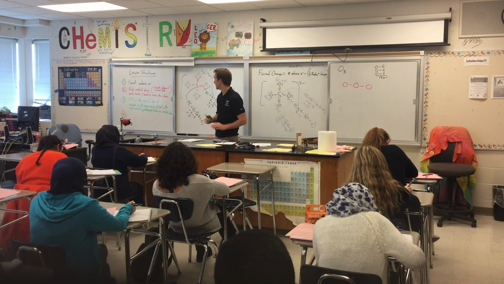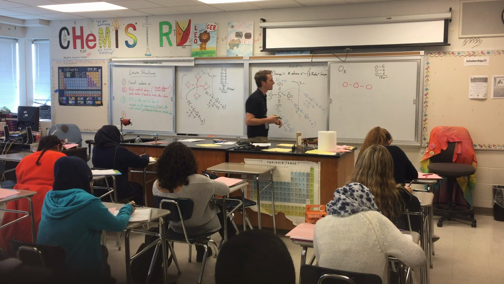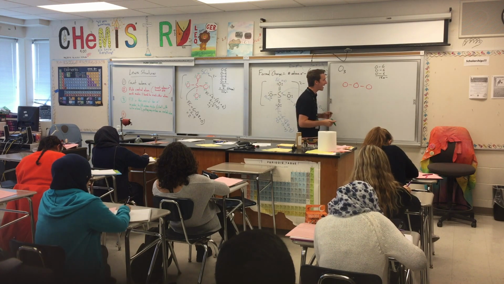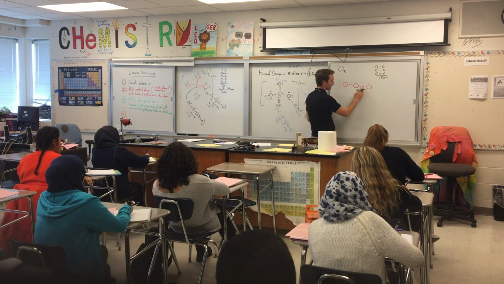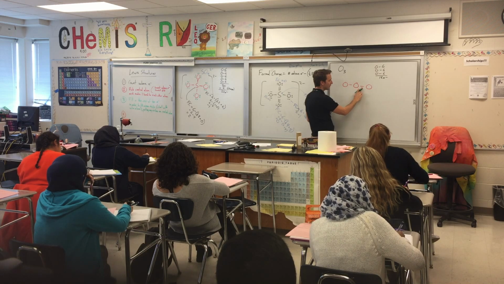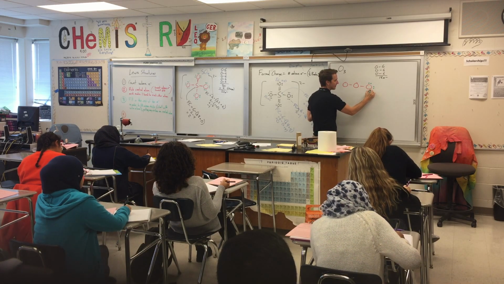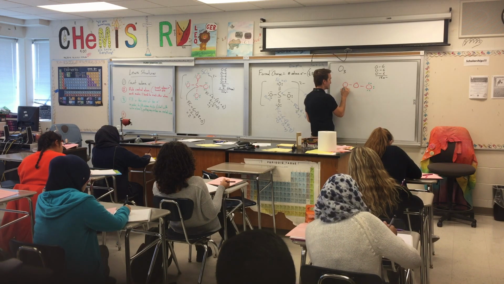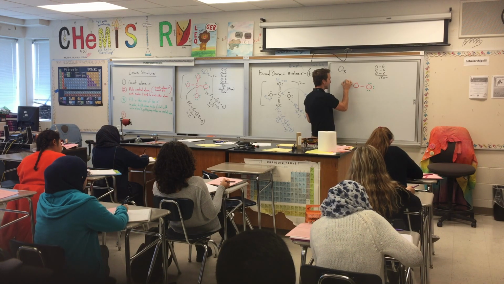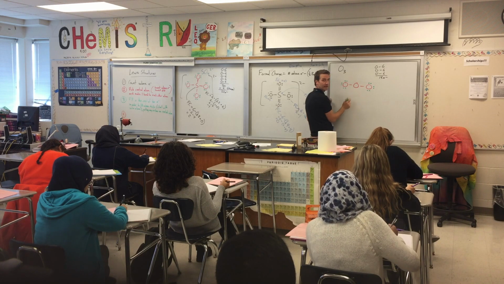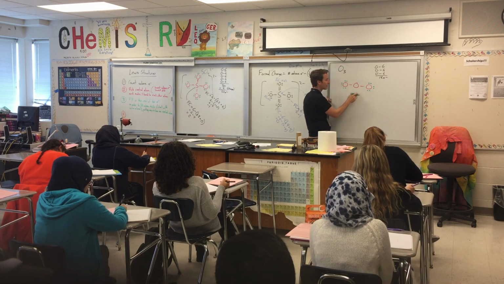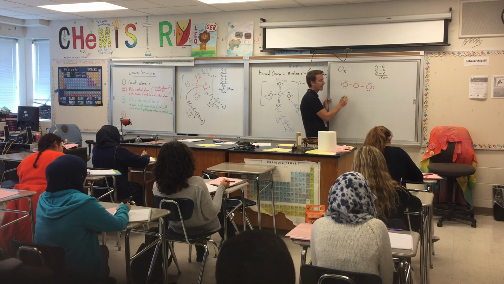Fill in the rest of the electrons in order to fill the valence shells. So we're trying to get to 8. These all need the octet of electrons to fill their valence shell. So we've got 2, 4, 6, 8, 10, 12, 14, 16. Now we got to start filling in that central atom because he's not satisfying the octet, right?